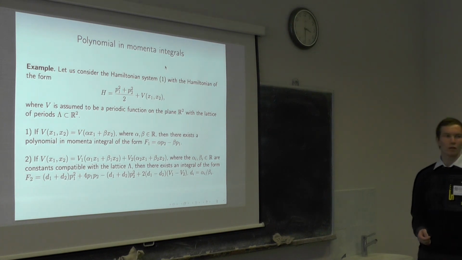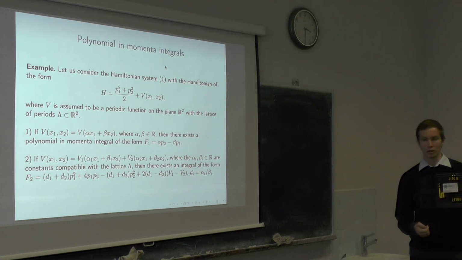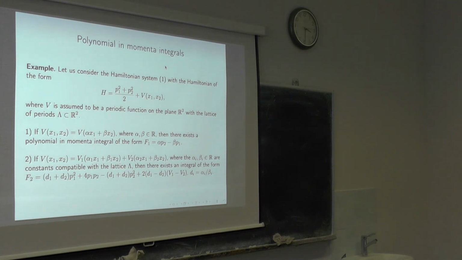V is a potential, and it is assumed to be a periodic function with certain lattice periods. What is known here? It is known that if V is of the form 1 or of the form 2, then there exists an additional first integral, which is either linear in momenta, or quadratic.